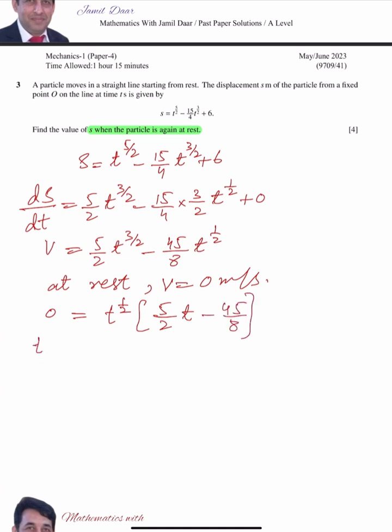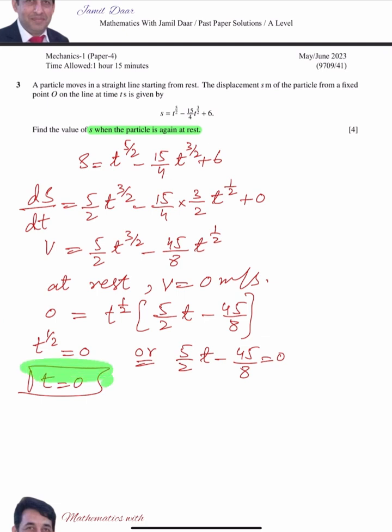So t raised to the power of 1 by 2 is equal to 0, or 5 over 2t minus 45 over 8 is equal to 0. So t is equal to 0. At t is equal to 0, it was at rest. That was the starting time, starting of the motion basically.